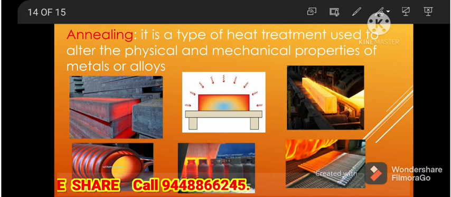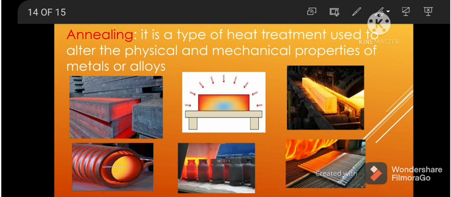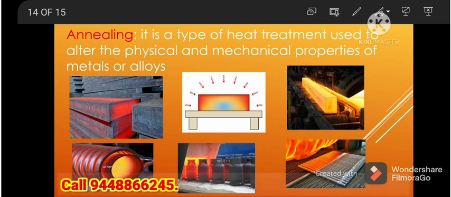Another aspect is annealing. Say we have a material, and we want to change or modify its physical and mechanical properties, to convert metals and alloys as we want. For this, the metal is heated to a certain desired temperature, and this heating, or heat treatment, is called annealing.